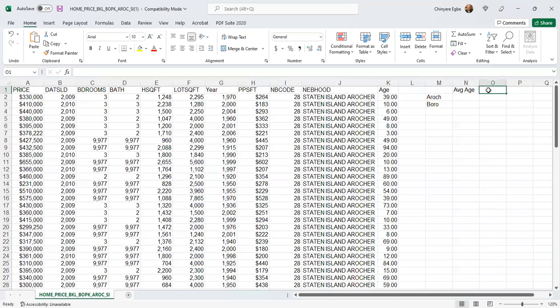I asked you to calculate also average price or average something else, price per square foot. But I'm going to do only the average age, and I'm going to do standard deviation of age.